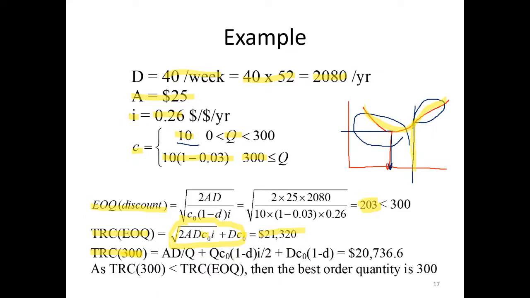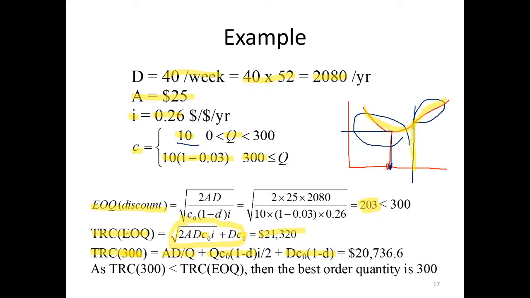Now let us have a look at the formula. It's AD over Q, where Q is 300 in this case, plus Q times C naught times 1 minus the discount, because I'm getting the benefit from the discount, plus of course the purchase cost for the overall demand in the year.